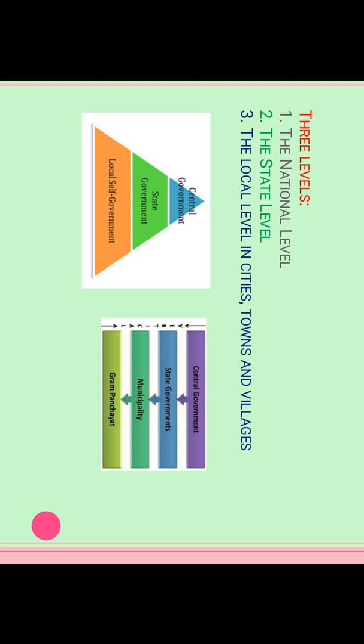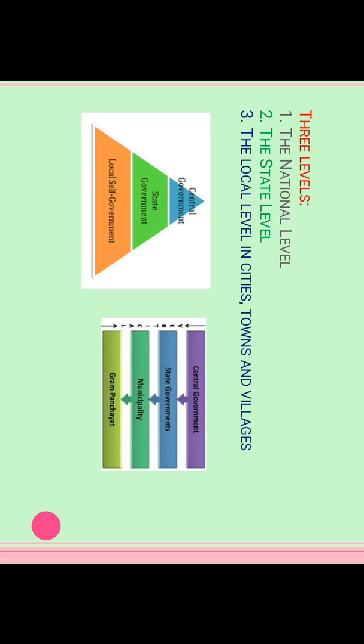As we know, in India, there are many regions, religions, cultures, and traditions. India is a diverse country. So all these factors made the job of government quite difficult, because it is very difficult for one single body to manage everything in an ideal way.